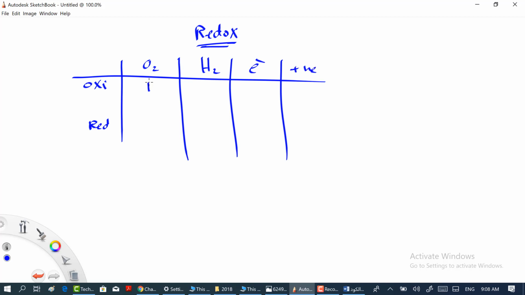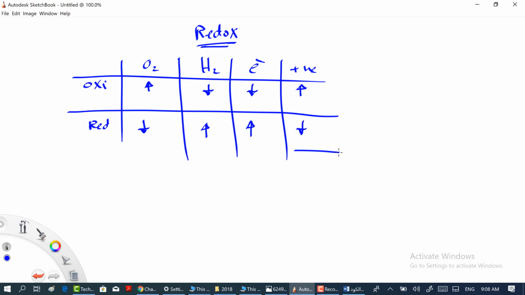Oxidation means increase in oxygen and positive charge, losing electrons and losing hydrogen. Reduction means losing oxygen, gaining hydrogen, gaining electrons, decreasing the positive charge.